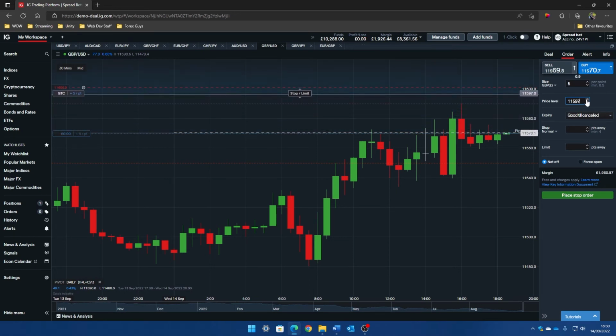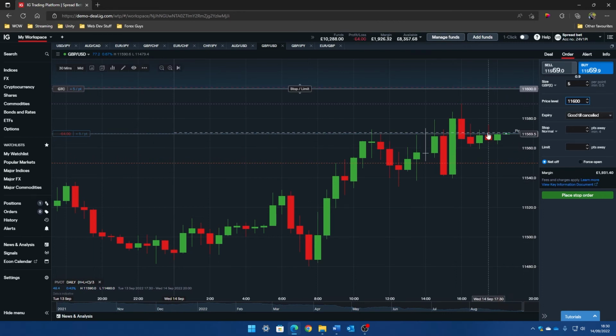You see the line go up. We could set the stop, we can set the limit, and then when the price action touches that, it puts the trade on automatically. Sort of like a pre-order system.